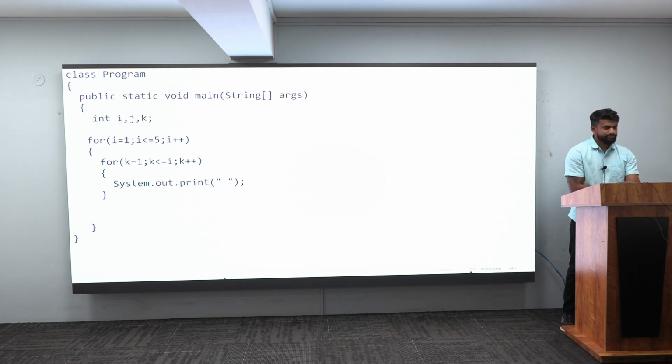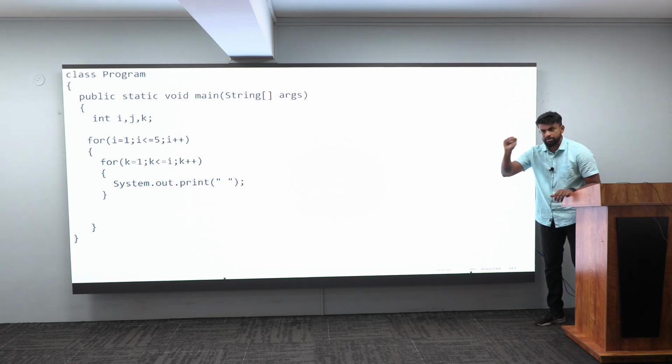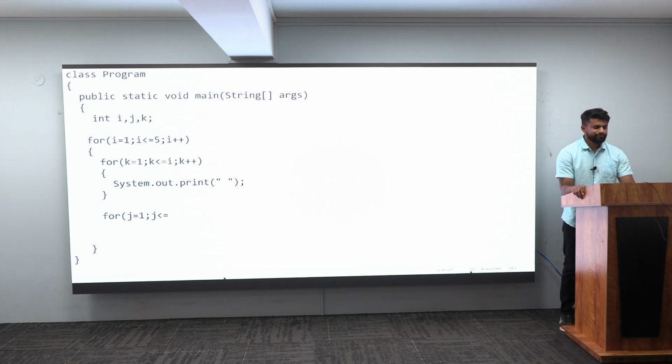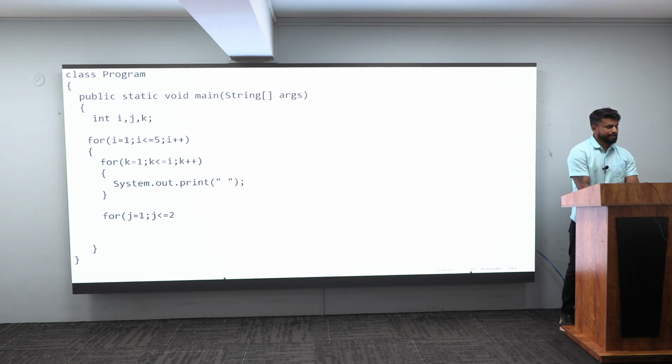I will close this. After spaces, who will come now? Stars. To take care of stars, I am having one person. Who is he? j. I will tell for, j equal to 1. Very good. What should you tell for the final condition? j less than or equal to 2 into, and you should tell the bracket, 5 minus i plus 1, and close it.